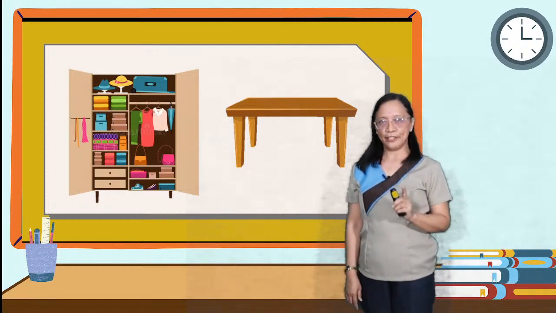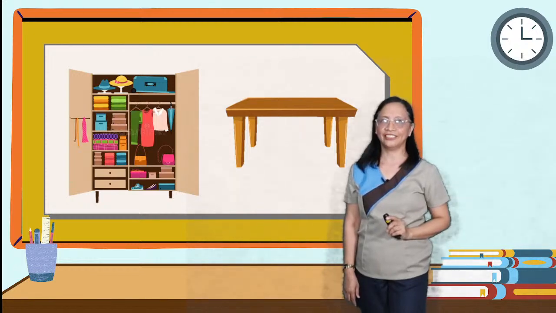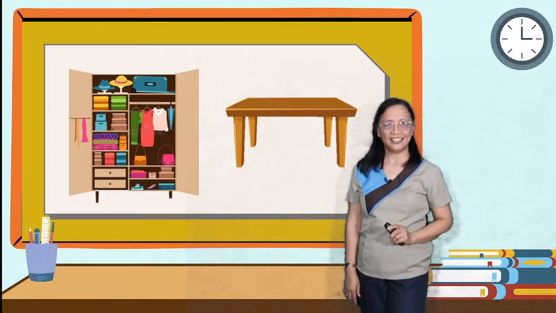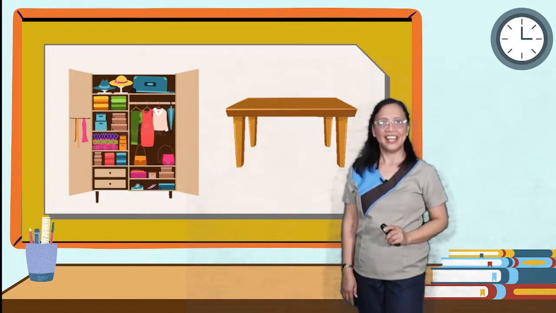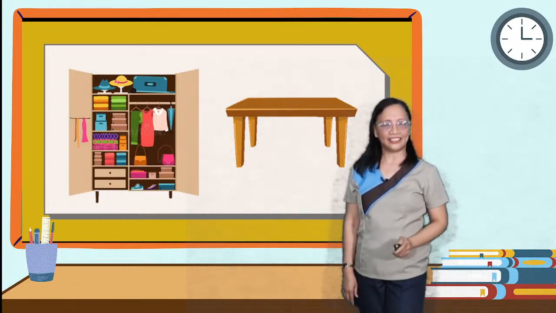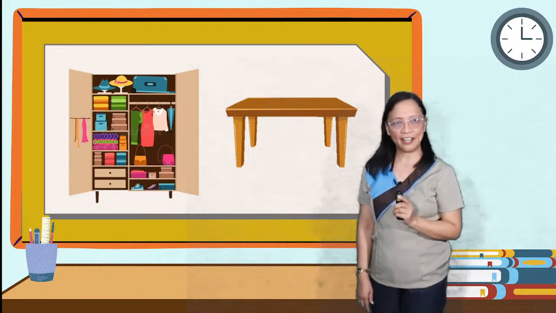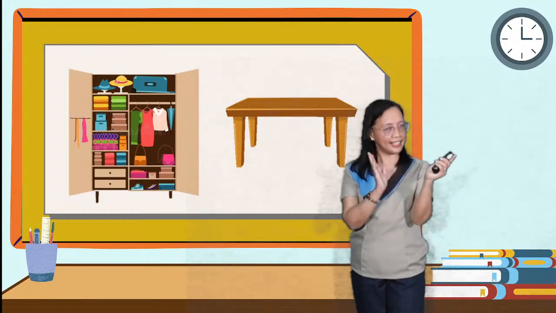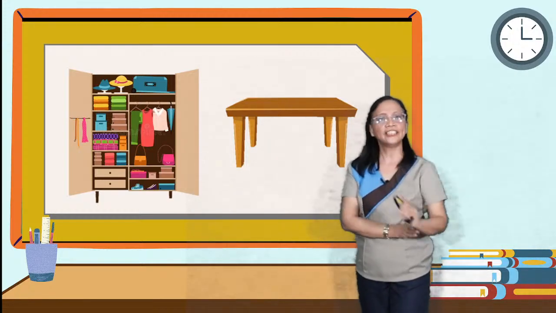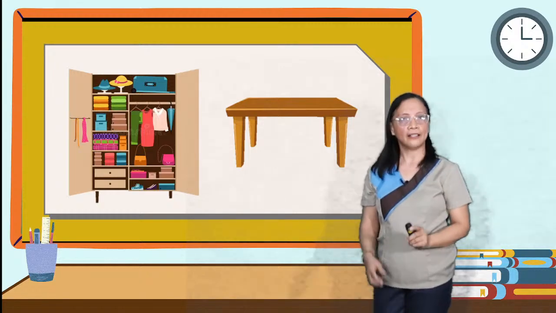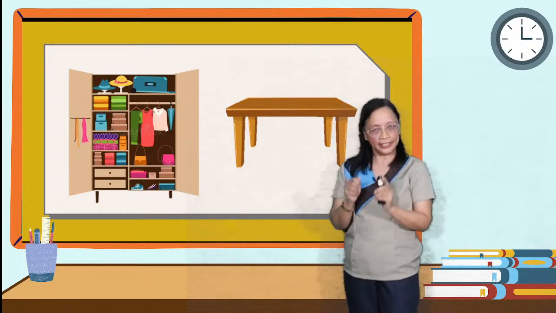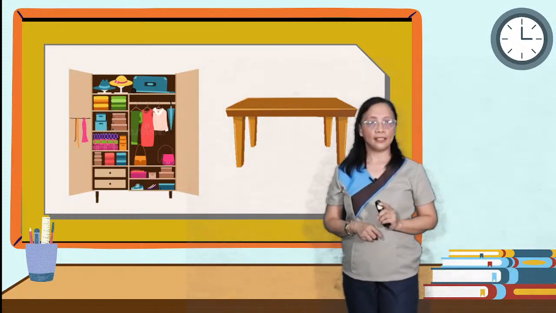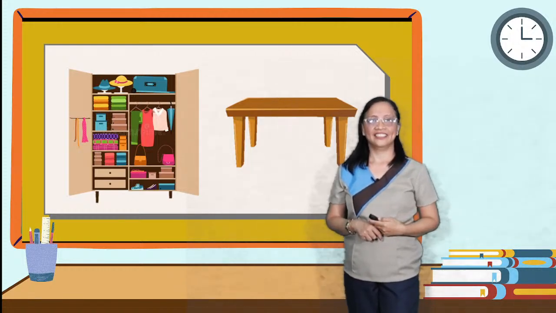You may type your answer in the comment box. Do it now. Don't forget to type the name of your school. Okay. Did you answer wooden cabinet? Yes, very good. That's the correct answer. The wooden cabinet will require a stronger force for it to move compared to the plastic table.